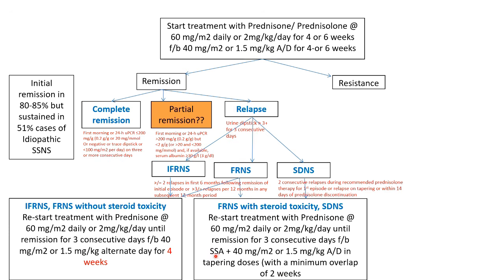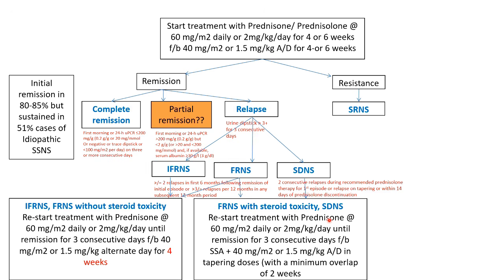The steroid sparing agent and this low dose alternate day steroid should have a minimum overlap of at least 2 weeks, followed by tapering of the low dose steroid and continuation of steroid sparing agents. That is, even if you are using steroid sparing agents, you have to achieve remission with prednisolone only.